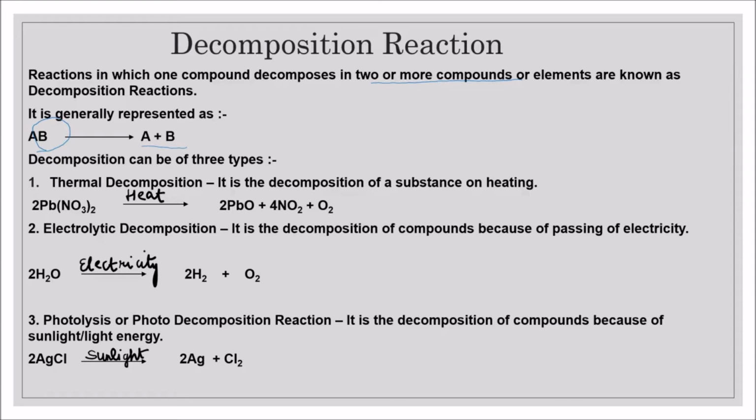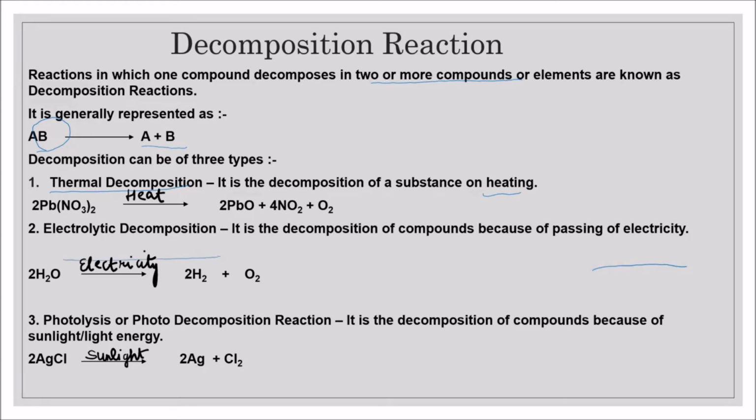If heat is used to decompose a compound, that is called thermal decomposition. As you can see in one example here, lead nitrate, if decomposed on heating, forms lead oxide, nitrogen dioxide, and oxygen gas. Second, if electricity is used to decompose a compound or a molecule, that is called electrolytic decomposition.